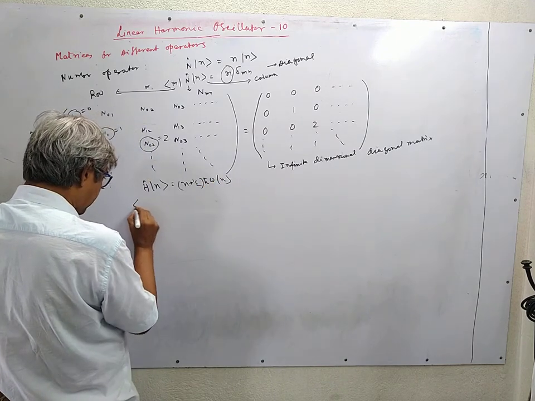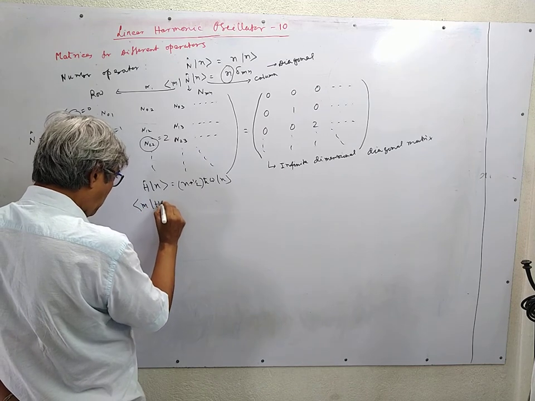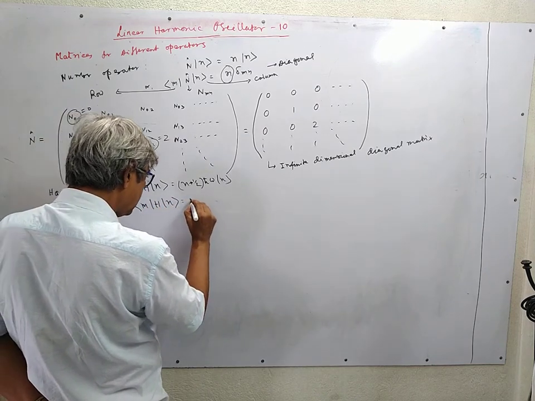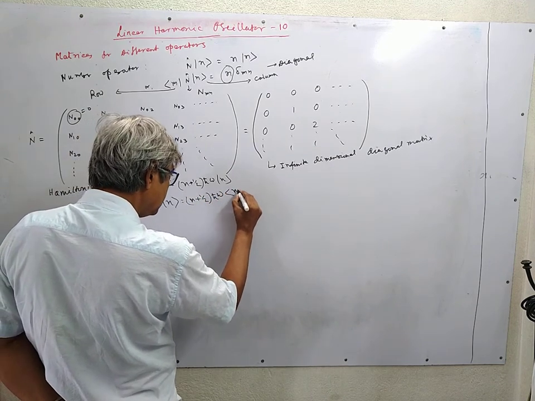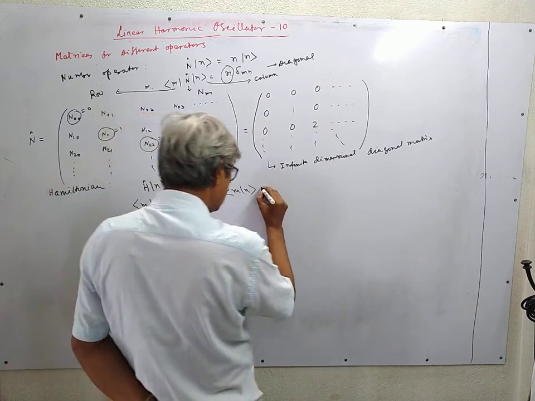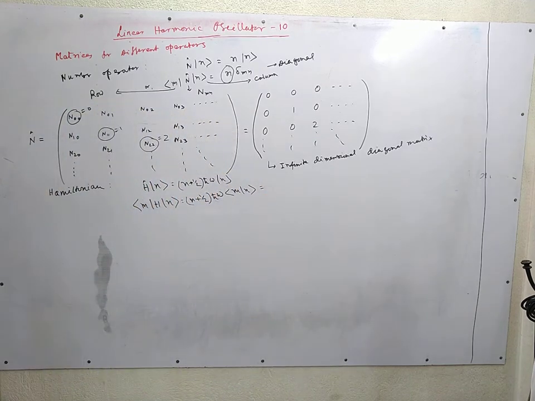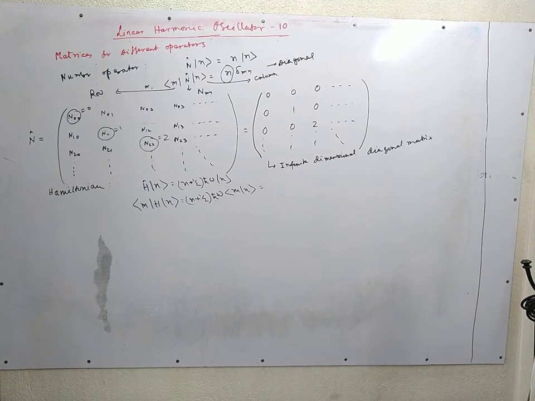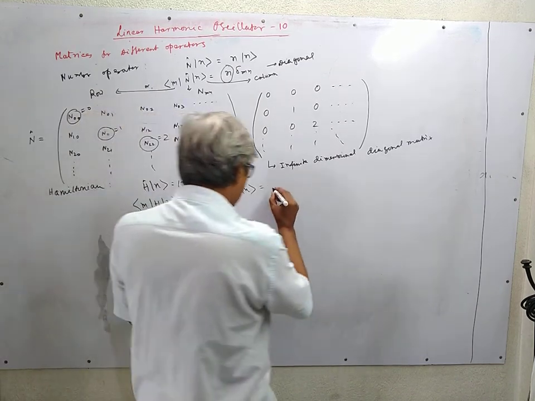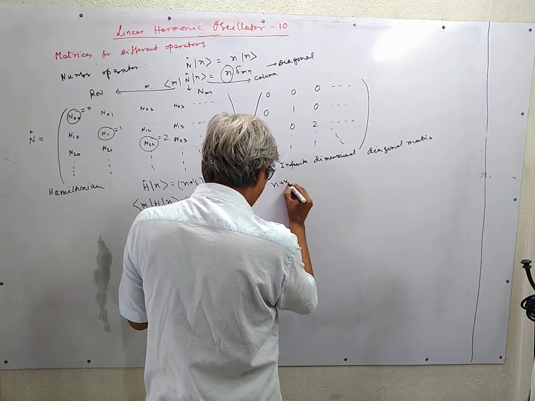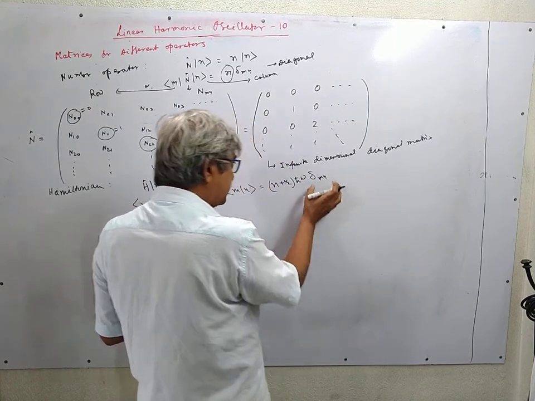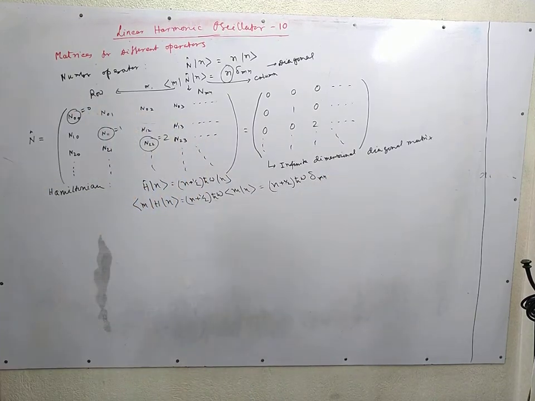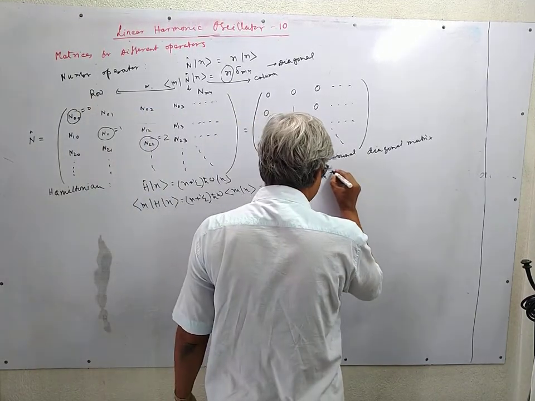So the matrix element is <m|H|n>, which is equal to (n plus half) h cross omega delta mn. Again, this is a diagonal matrix.